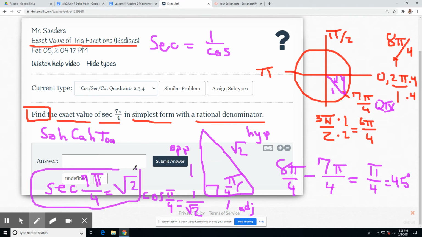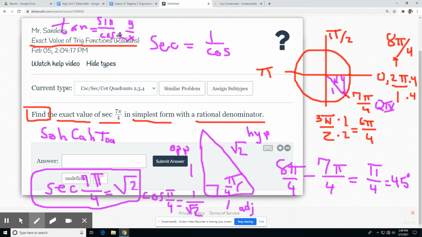Now the last thing we have to be careful of is that we're in quadrant 4 here. All right, so sine and cosine, which one's negative in quadrant 4? Well, I think of it in terms of tangent is sine over cosine, which is y over x.